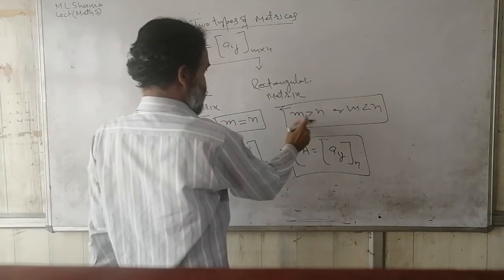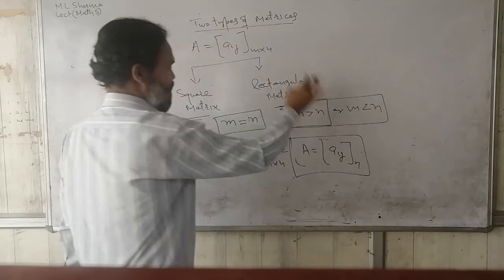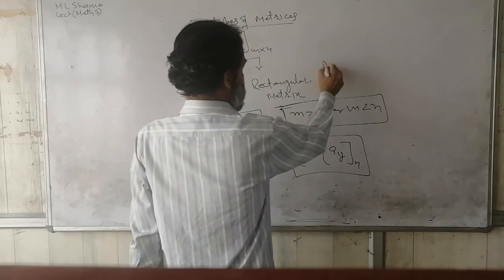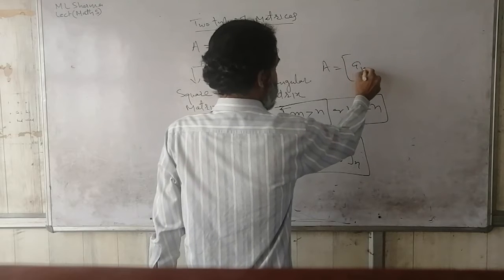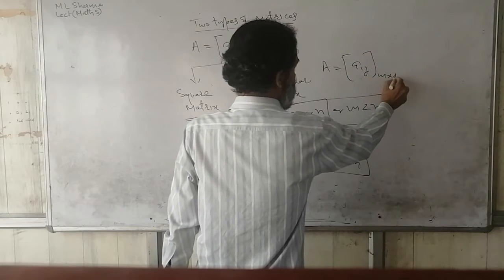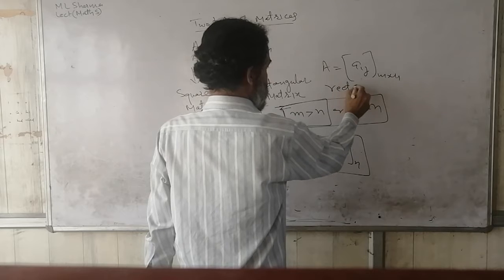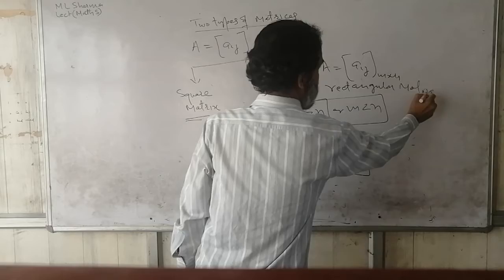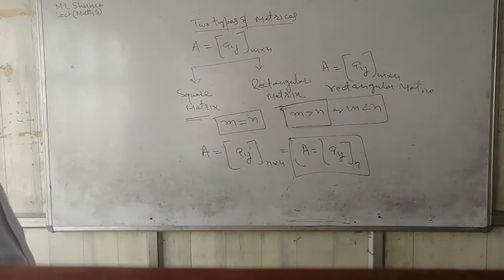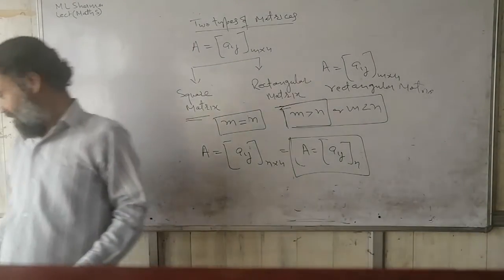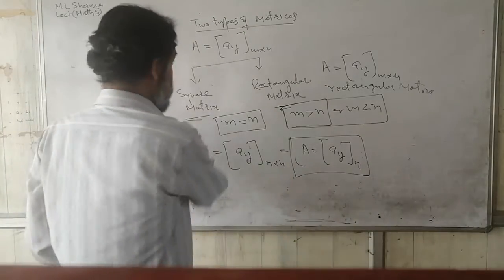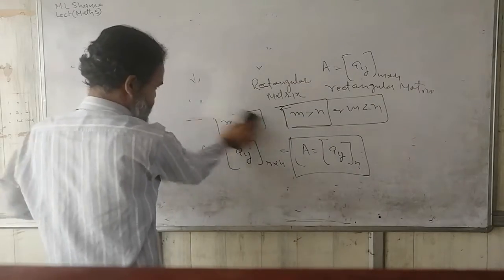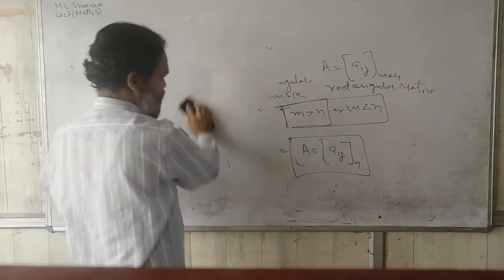And if the condition is m greater than n or m less than n, in that case this matrix A will be a rectangular matrix. So these are the two main types of matrices, square and rectangular matrix.